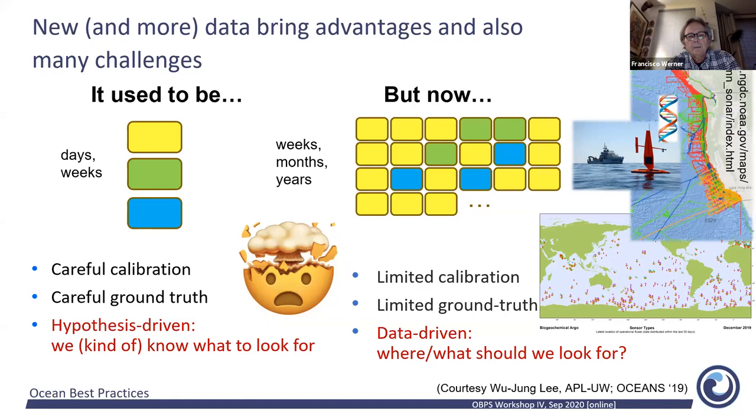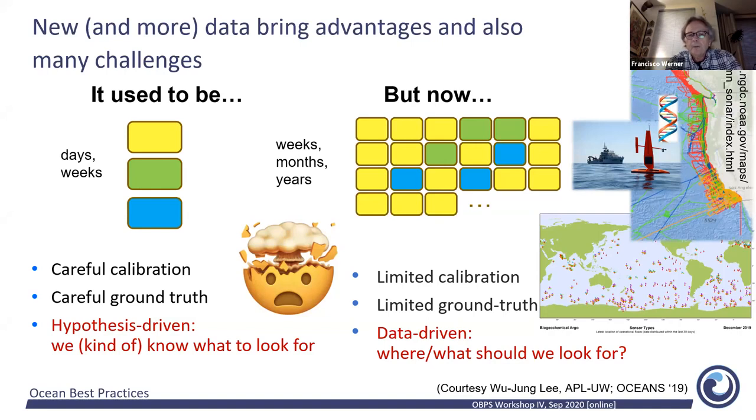We used to measure different things. Different colors are supposed to be different things. Let's say you were measuring ecosystems or oceanography or fisheries. So those are the yellow, green, and blue. And we would do that understanding what we were looking for, carefully calibrating all the instruments, ground truthing the instruments, and it was the way we do sort of hypothesis-driven science, in terms of we kind of know what we're looking for. And that was very dedicated and very time-consuming, planning and so on.